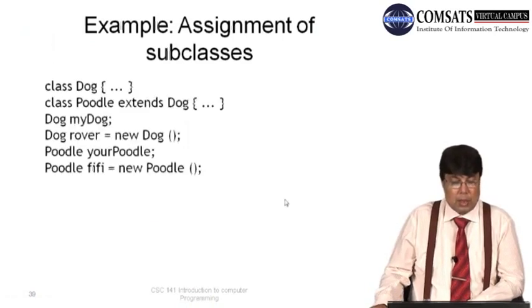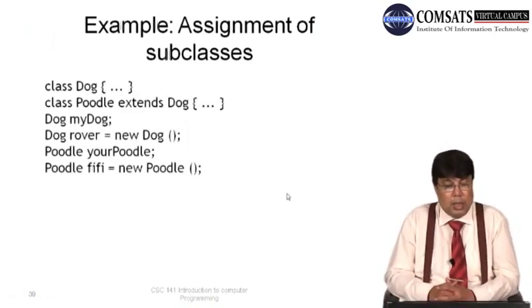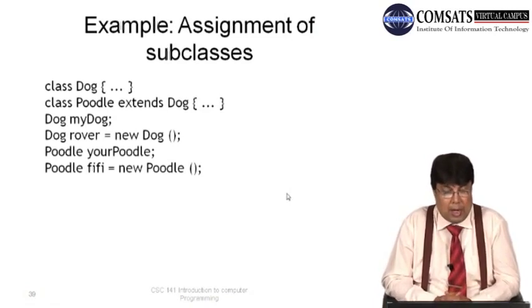Assignment of subclasses. So this could be an example. Suppose we have defined a class dog, and then we can define a class that is a subclass. Poodle is one of the dogs, that is called poodle, that extends dog. It should have all the characteristics of the dog, but might have some additional characteristics.